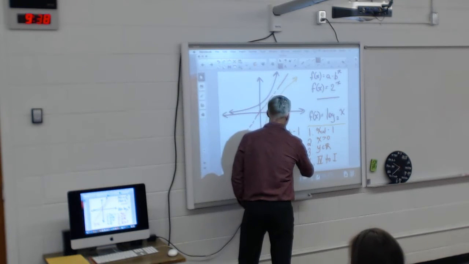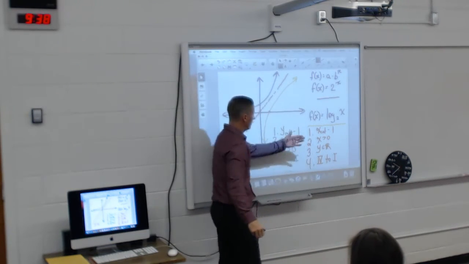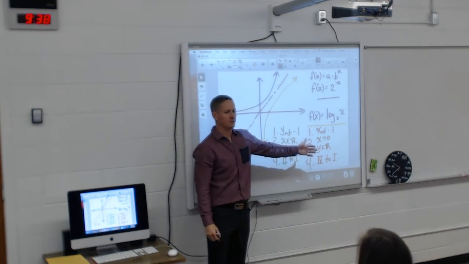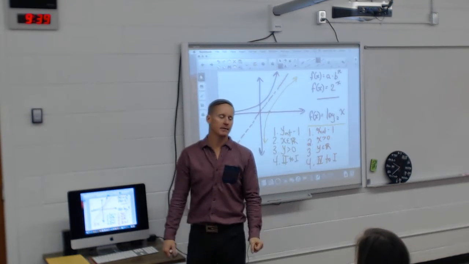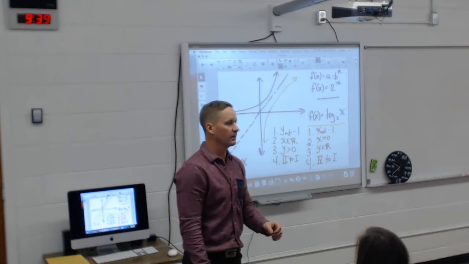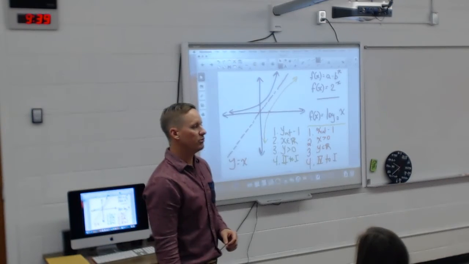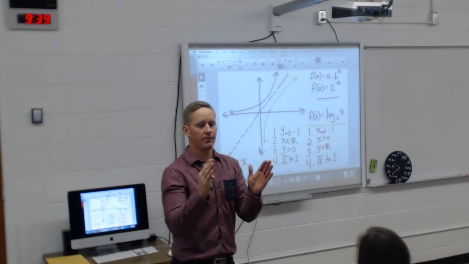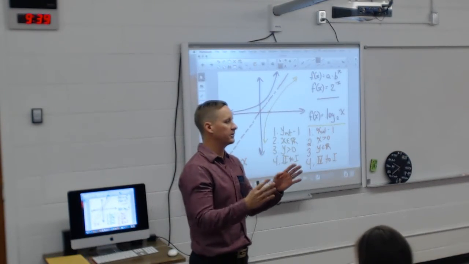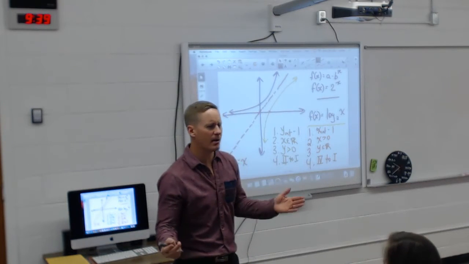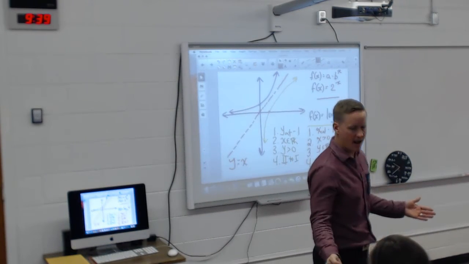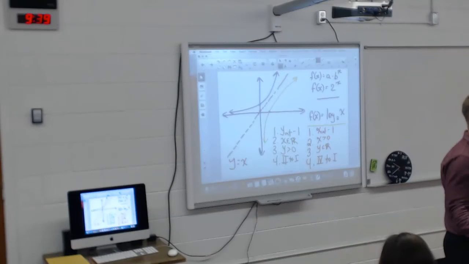And end behavior. Notice how they match up. These are inverses of each other. Okay? So you need to be able to remember those 4 characteristics for each of them. You don't even need to remember it. Write it down. Put it on a cheat sheet.